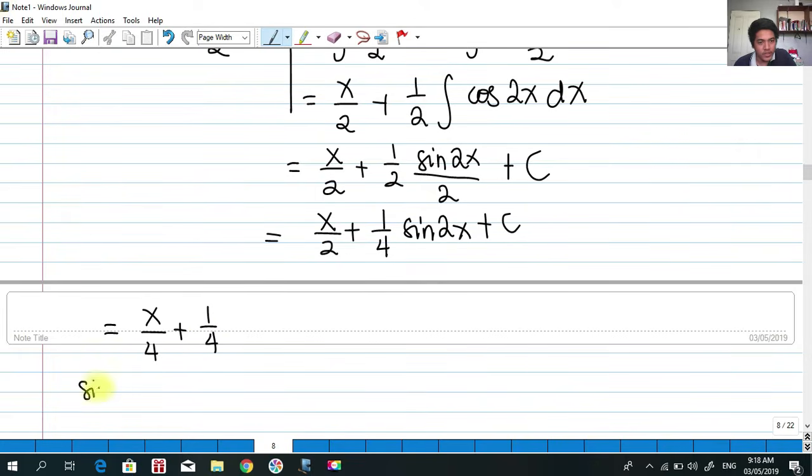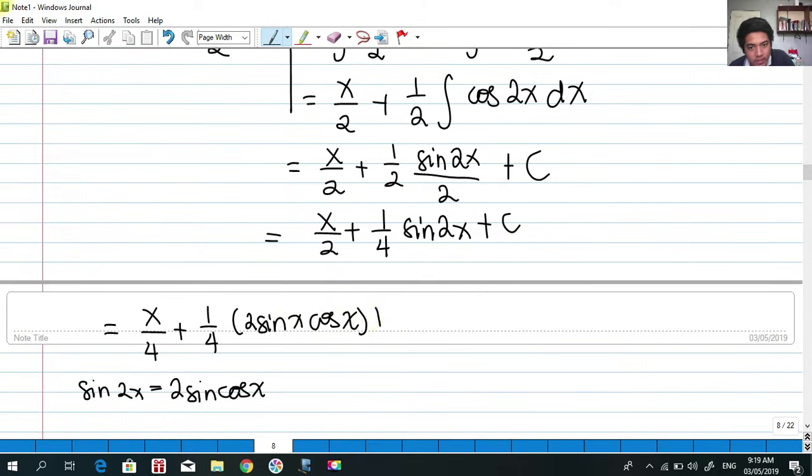Sine of 2x is equivalent to 2 sine of x cosine of x. Okay? That is an identity. So we have to express this into 2 sine of x cosine of x plus c. My mistake, this should not be 4 but rather 2. Okay?